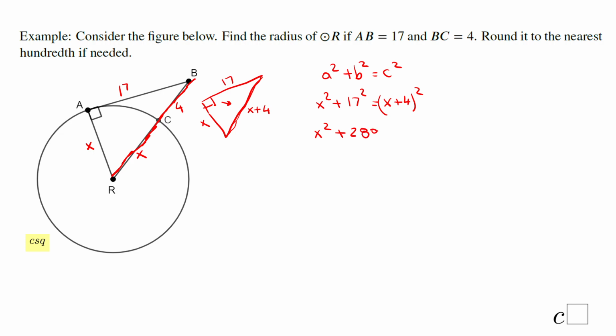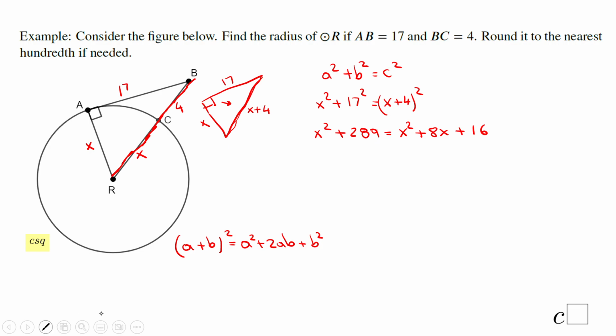For the right side, you can FOIL it, or you can use this shortcut, (A plus B) squared. If you know this shortcut, that will be good. A squared plus 2AB plus B squared. So we have here X squared plus 2 times X times 4, that will be 8X, plus B squared, which is 4 squared, which is 16.